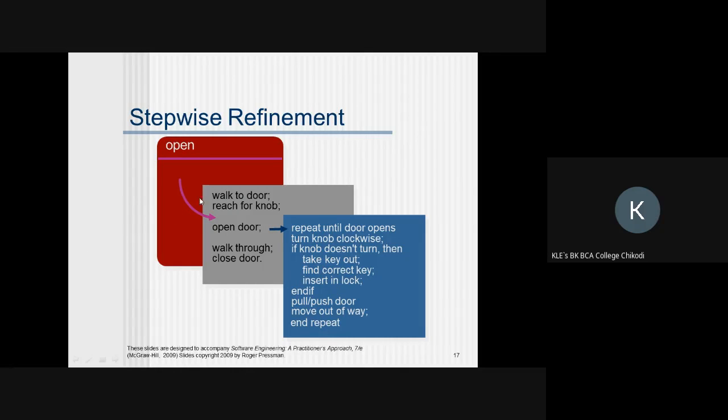Stepwise refinement. Improvement of any software development will not happen all of a sudden. We go version-wise, as I told you, development happens in two ways: incremental development or iterative development. In both cases, depending on the feedback of the end user, we can go for refining.